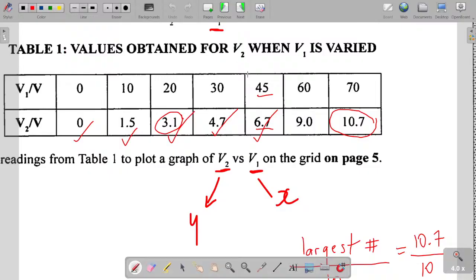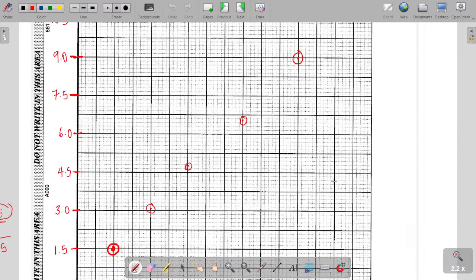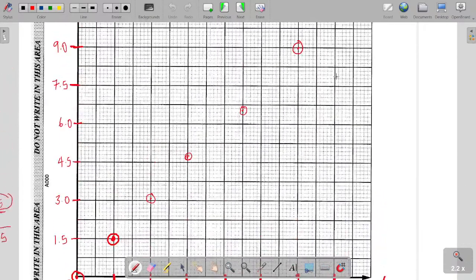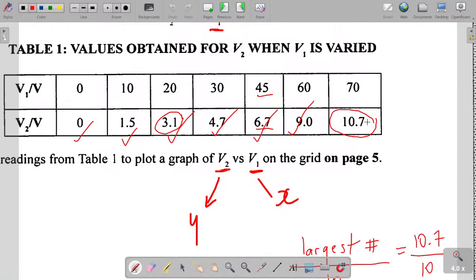Alright. And the final one is 70 and 10.7. So 70 is this line, and 10.7 will be somewhere in between 10.5 and 12. All we need to do is add 10.5 plus our smallest division, which is 0.15. That gives us 10.65. And remember, now we want 10.7.